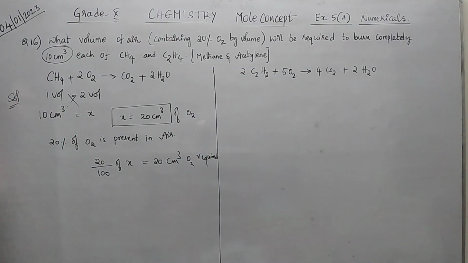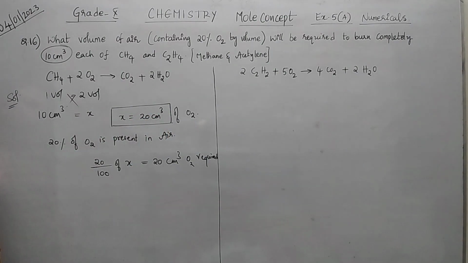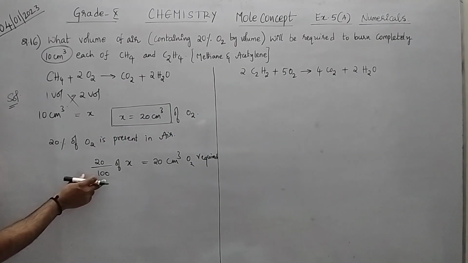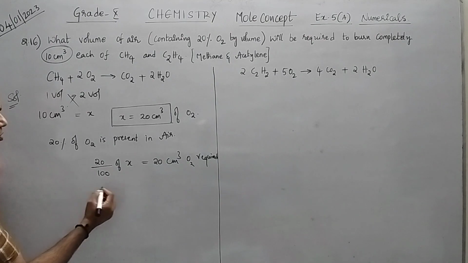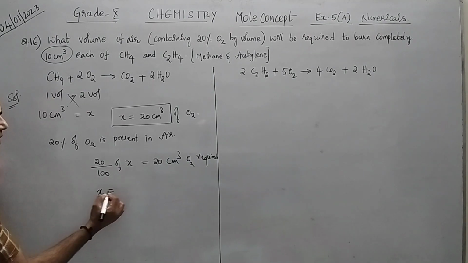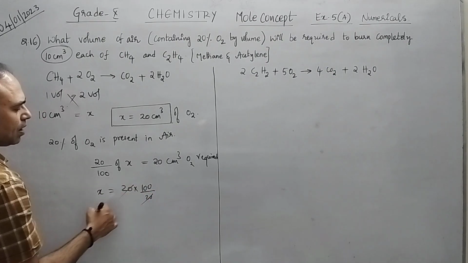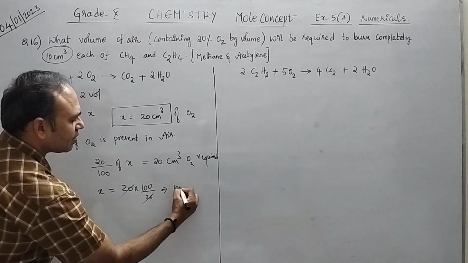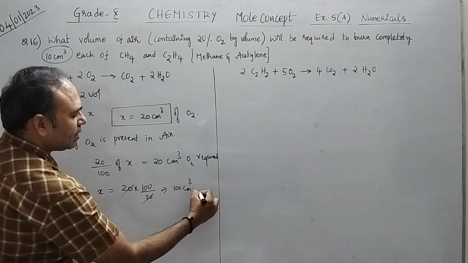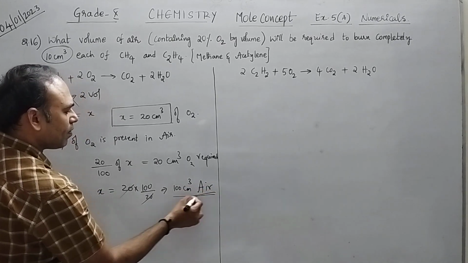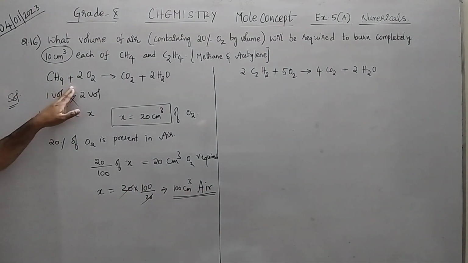Hope you have understood this. We need 20 centimeter cube of oxygen. For that, how much air we have to take? Sending to the other side, we get x is equal to 20 into 100 by 20. 20 gets cancelled. Therefore, we can say that we need 100 centimeter cube of air for the combustion of methane. This is your part 1.